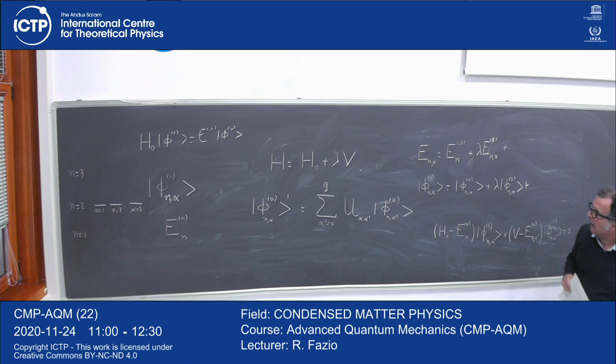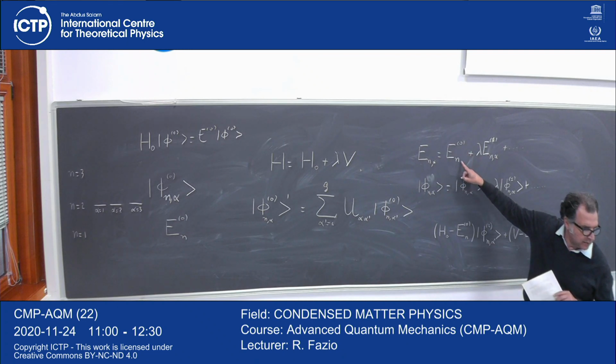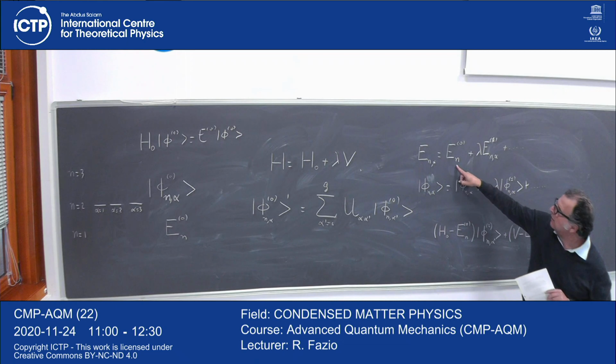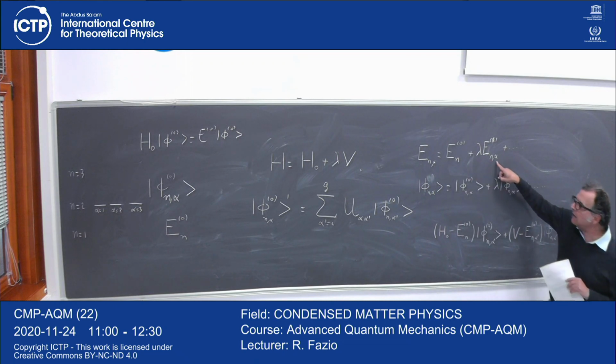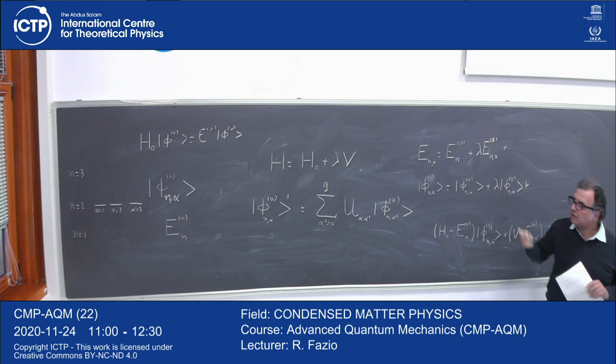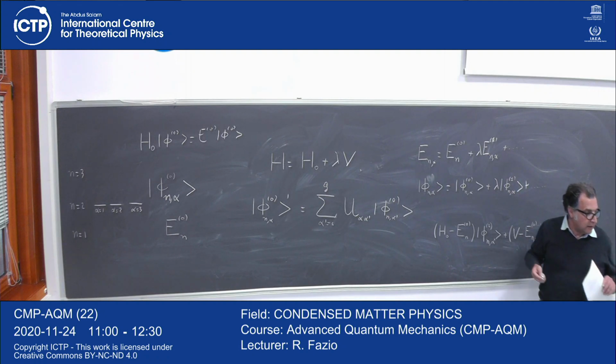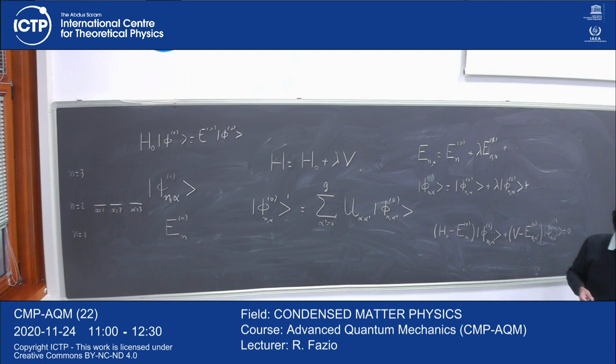An important thing that you have to notice is that E0 n does not depend on alpha, because the level is degenerate. The correction may depend on alpha, which shows that by including some perturbation, the level can stop being degenerate.